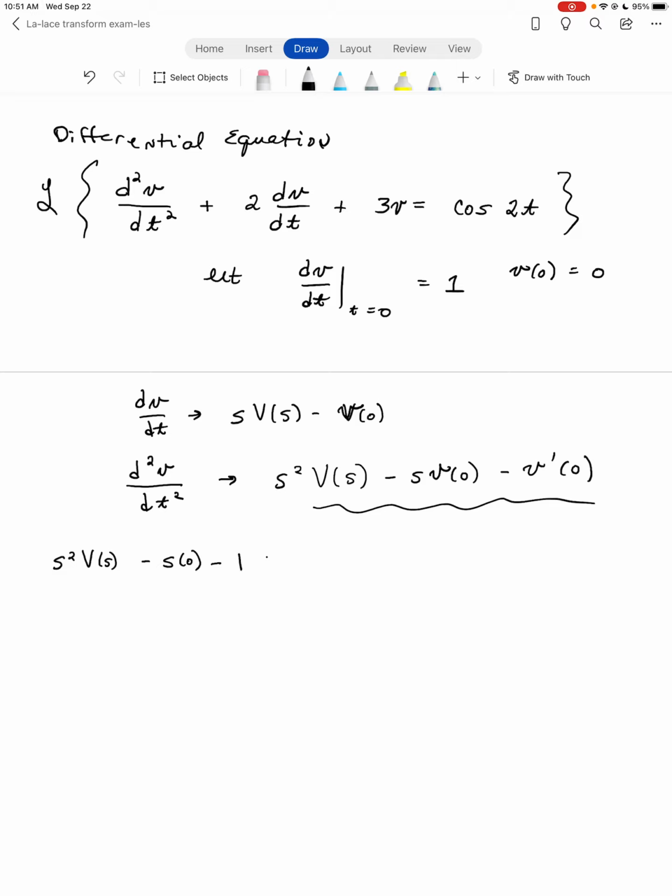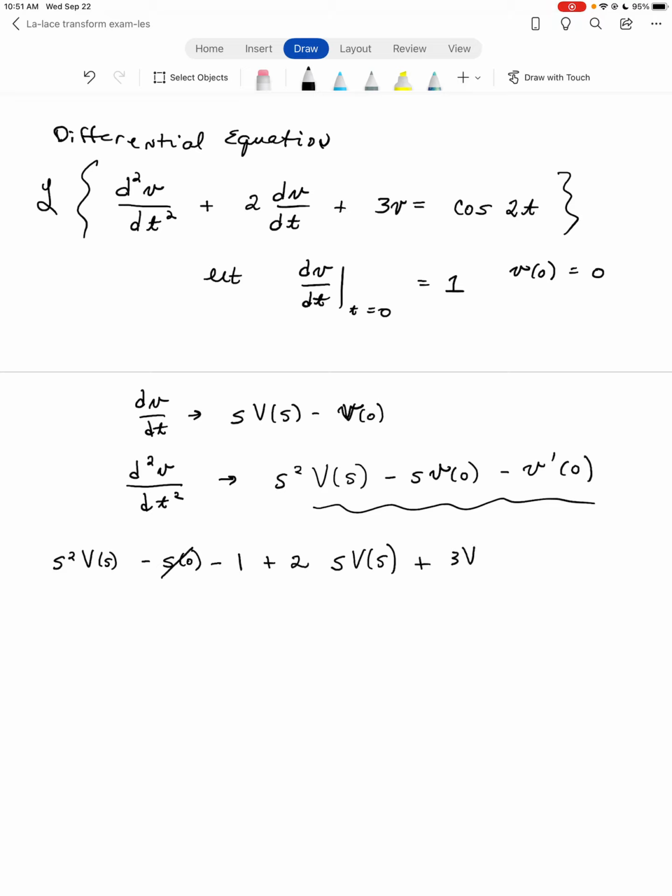Then we have 2 times dv/dt, so that'll be 2 times s V(s), and once again minus v(0), which is 0, so we won't put that explicitly this time. And then we have just v of t.